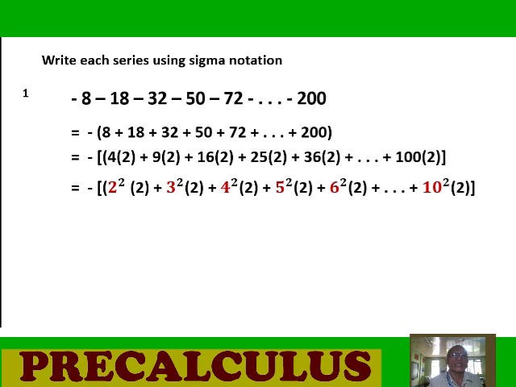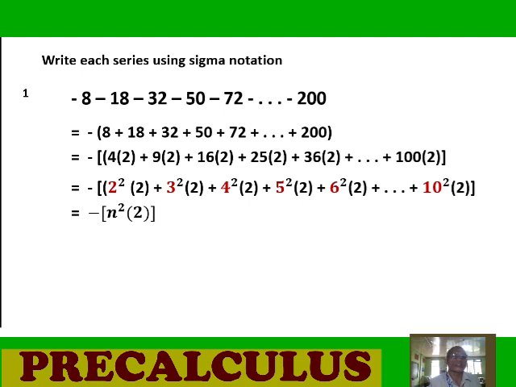The 4, 9, 16 up to 100 can be written as perfect squares. So the bases are increasing: 2, 3, 4 up to 10.